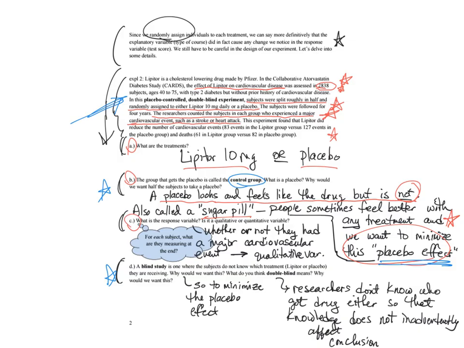Part C says, what's the response variable? Is it qualitative or quantitative? Here we have to be very careful. So for each subject, what are they measuring at the end? For each subject, think about that.